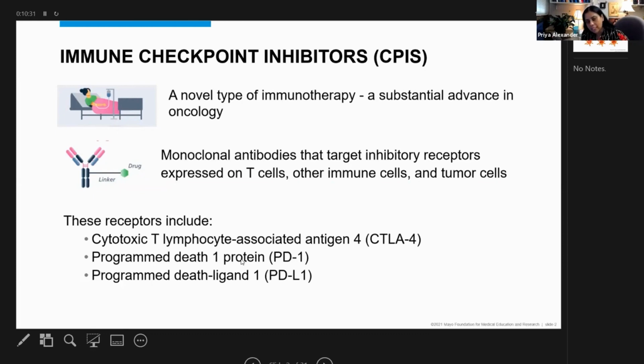This is characterized by the use of monoclonal antibodies that are designed to target the inhibitory receptors that are expressed on immune cells and tumor cells. The receptors that are targeted include cytotoxic T lymphocyte-associated antigen 4, programmed death 1 protein, and programmed death ligand 1.